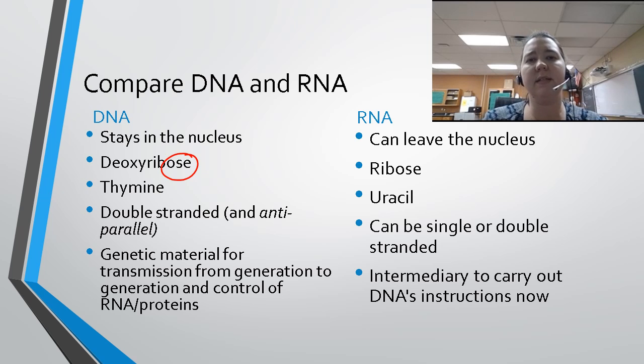And then this is basically just the intermediary that carries out DNA's instructions. So DNA can't leave the nucleus. So what it does is it makes RNA basically do its dirty work for it, gives RNA some instructions, sends RNA out, and then RNA does its job. Okay? RNA is made and recycled and made and recycled.